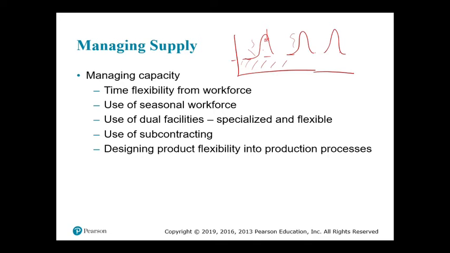By varying the number of workers, you can change the production rate of the line. And the other one is by having purely flexible machinery. Then, just like the dual facility idea, by assigning flexible machines to either product, we can increase the production rate of that product.